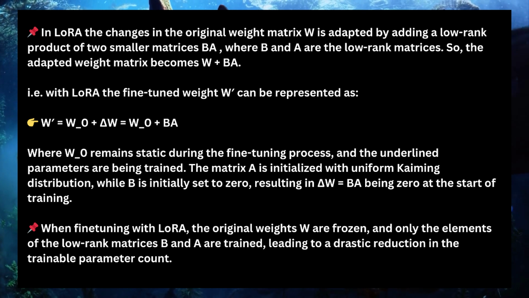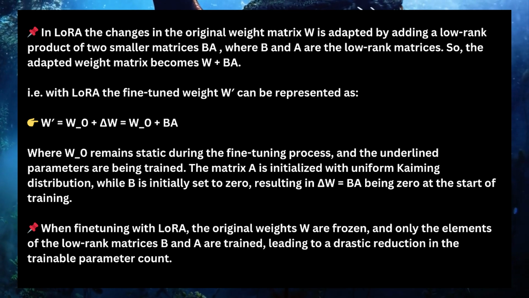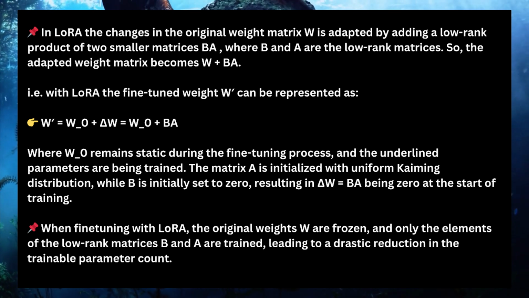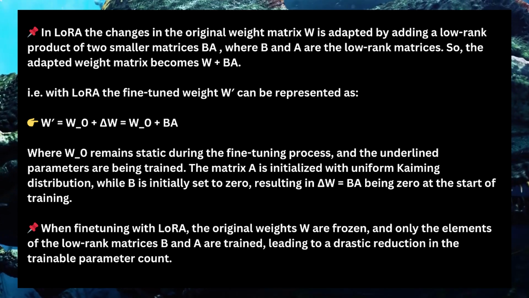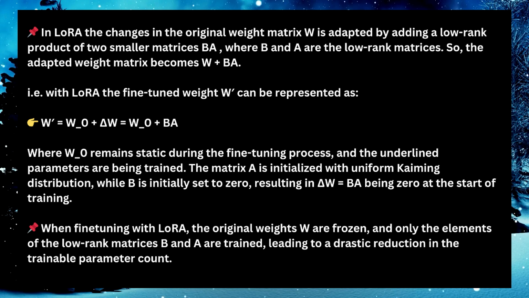The matrix A is initialized with a uniform Kaiming distribution, while B is initially set to 0, resulting in delta W, the product AB, being 0 at the start of training. When fine-tuning with LoRA, the original weights W are frozen, and only the elements of the low-rank matrices B and A are trained, leading to a drastic reduction in the trainable parameter count.